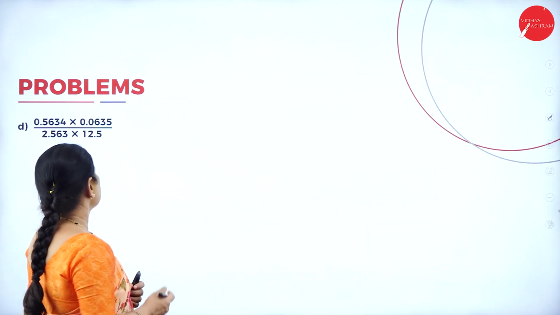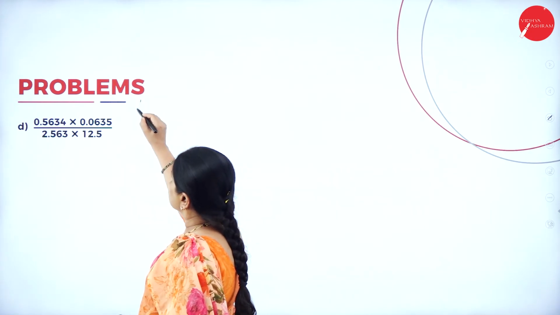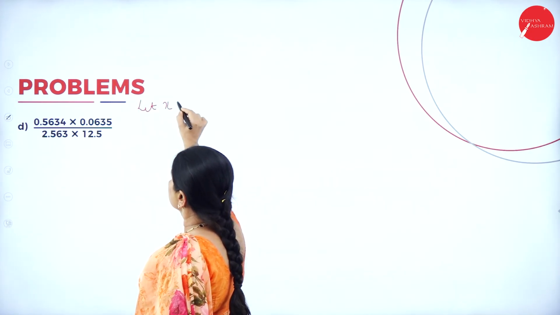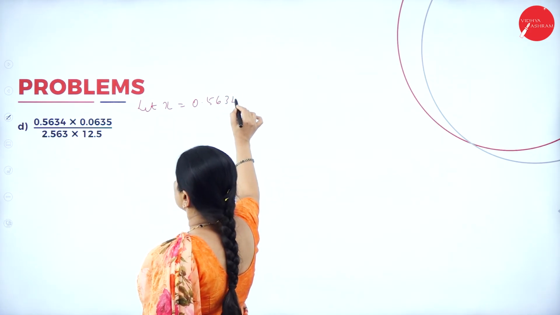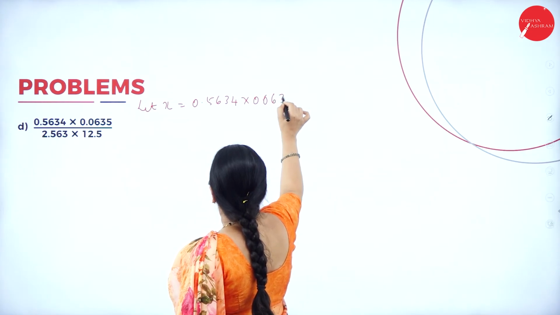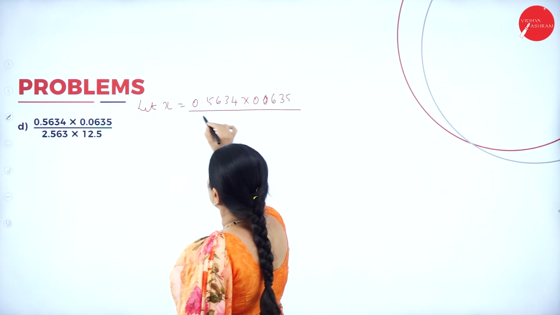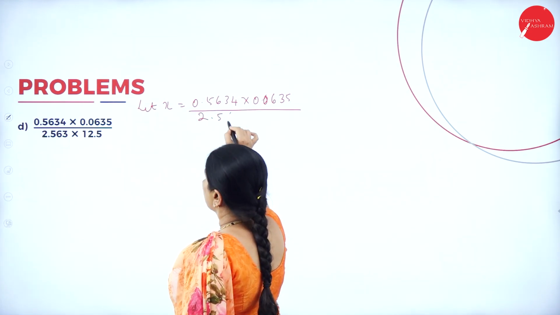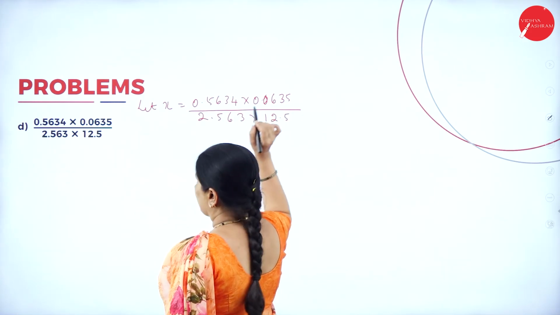The next one. So, 0.5634, I will write let x be equal to 0.5634 into 0.0635 whole over 2.563 into 12.5.